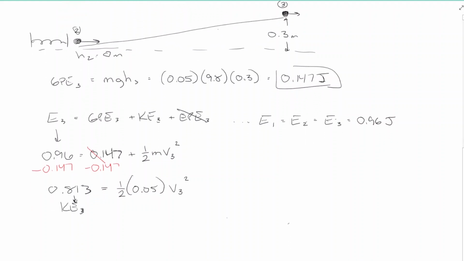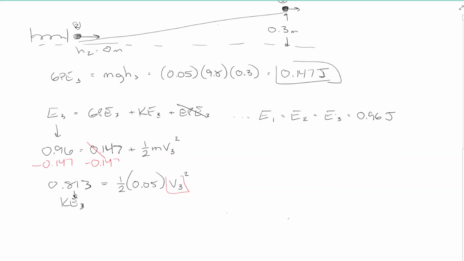And now I'm solving for v once again, right? So I can multiply by 2, just like I did. I can divide by 0.05 on both sides. And I can take the square root, right? The same steps we did before.